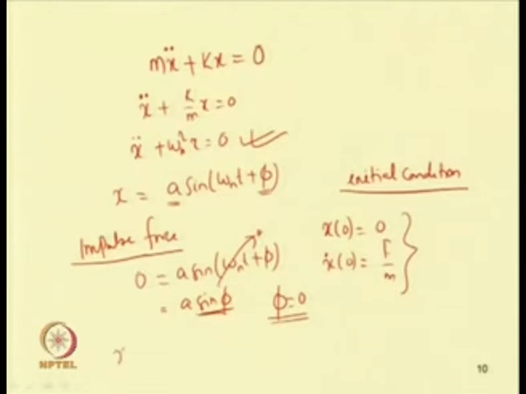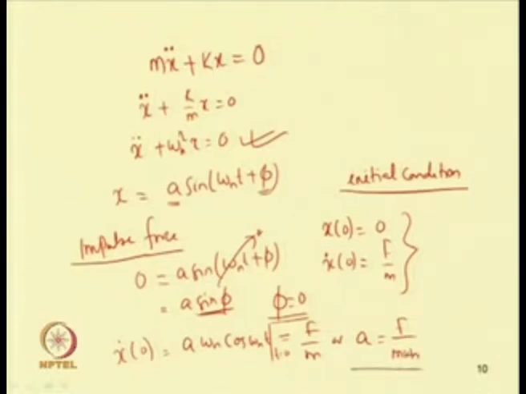Now, by differentiating this, we can write x dot 0 equal to a omega n cos omega n t. This will be equal to f by m at t equal to 0, where cos omega n t equal to 1. So, a omega n equal to f by m, or a will be equal to f by m omega n.